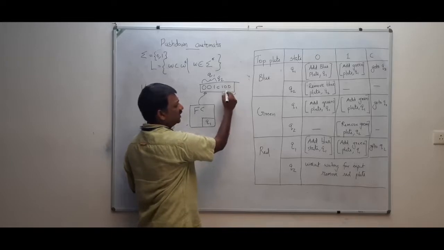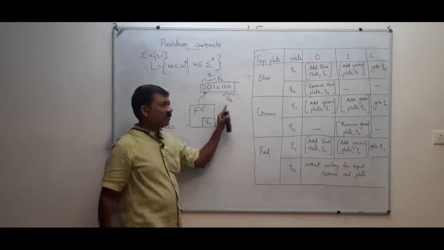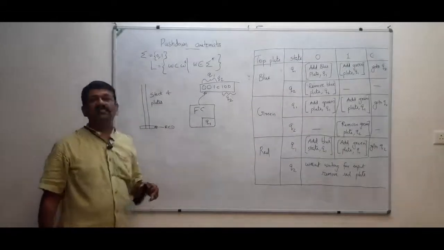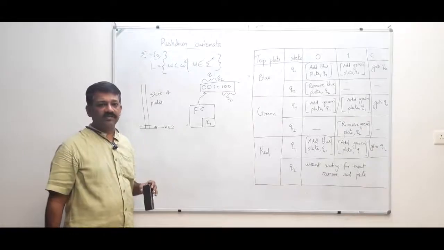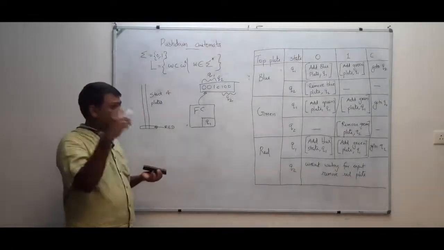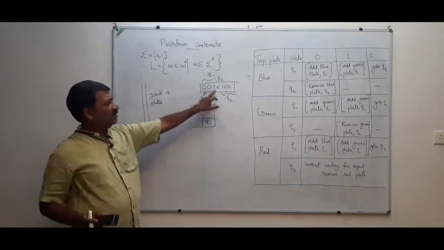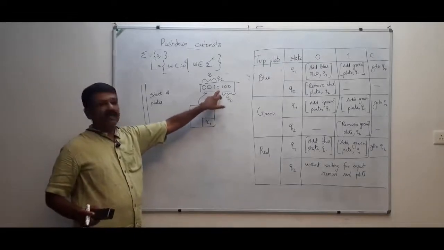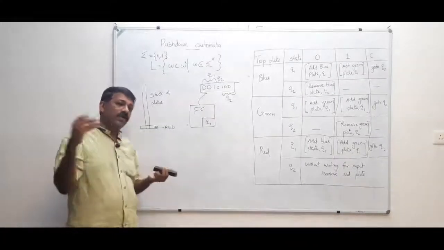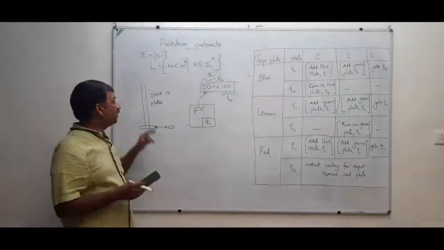After reading the last symbol of the string, if the stack is empty, that can be accepted. You keep on adding plates to this stack until that C.